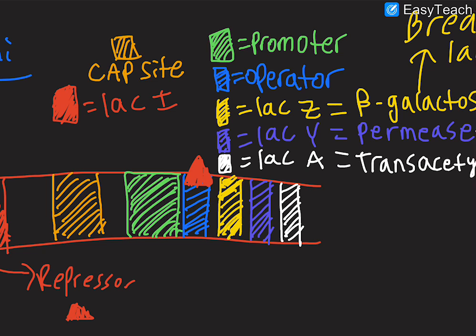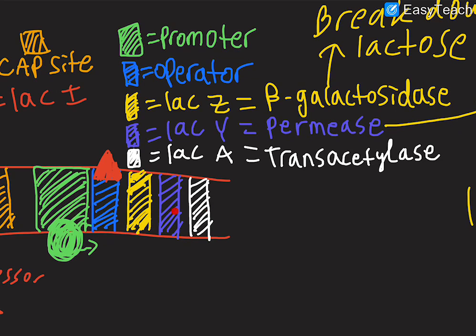If we represent RNA polymerase with green right here, and it binds here and starts to go, it can't, because the operator has the repressor on it. So RNA polymerase is blocked. It cannot perform transcription. Therefore, you can't express these genes, which means you cannot make these enzymes.